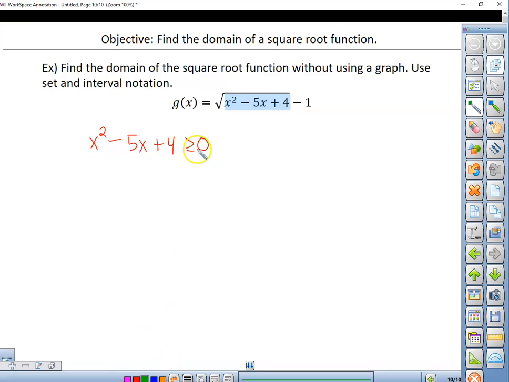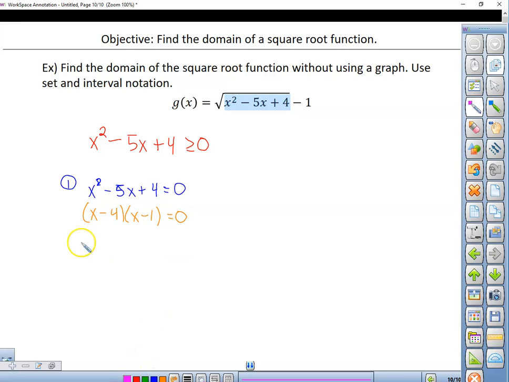But again, we can't solve this directly with algebra. First thing we need to do is figure out what values will make this trinomial equal to 0. So it's like solving this little quadratic equation. And again, I would use factoring whenever possible. I can factor this into x minus 4 times x minus 1.